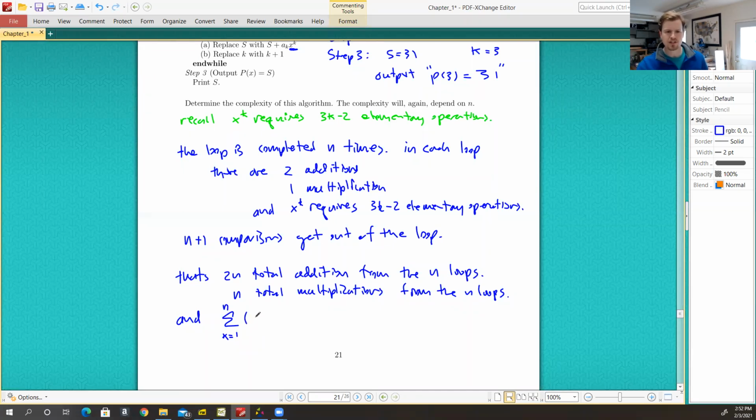So for each of those, it contributes 3k minus 2 operations for x to the k in the n loops.